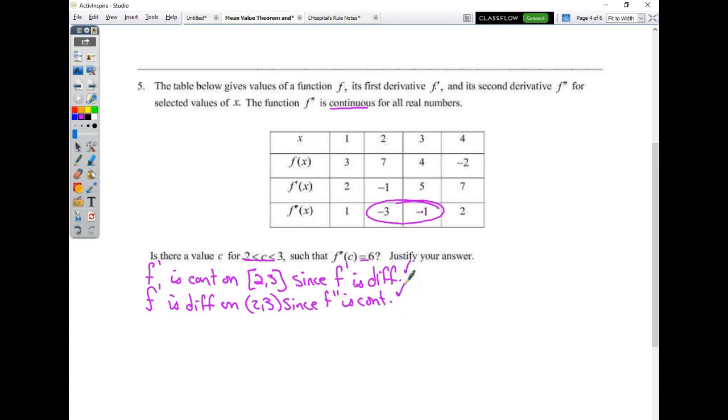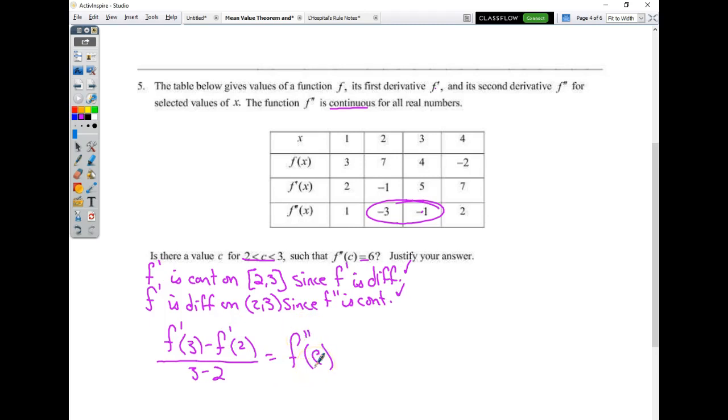All right, so why is that useful? Well, because now I can answer this question for f double prime. If I think of f prime of 3 minus f prime of 2 over 3 minus 2, that should equal the second derivative at some c value. So now we have a connection: the average rate of change of f prime is equal to the derivative of f prime at c.